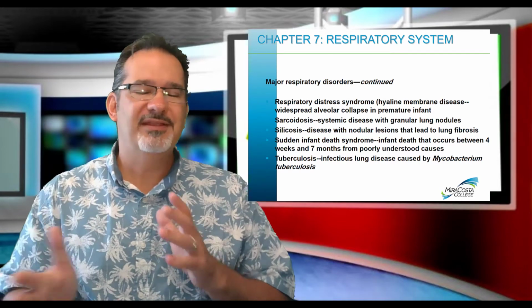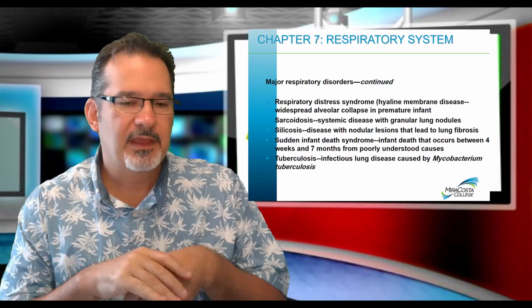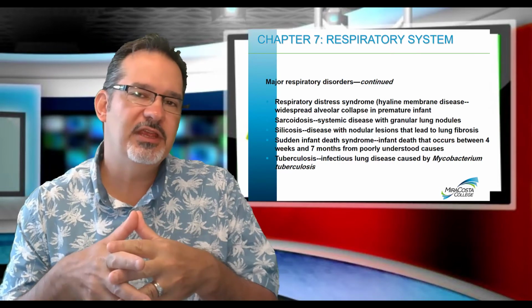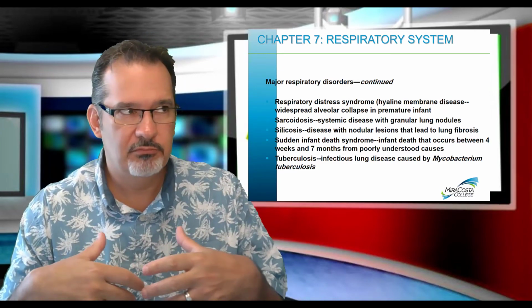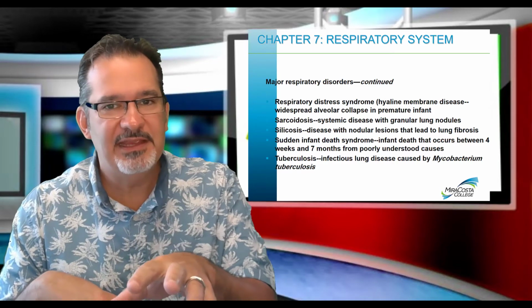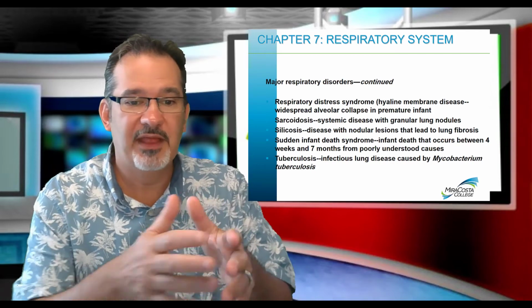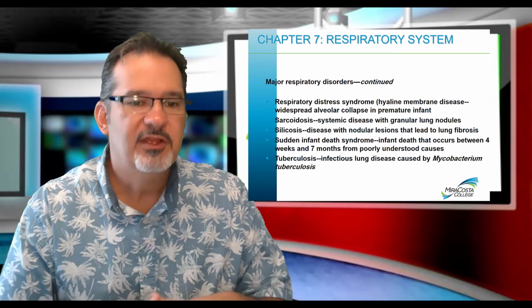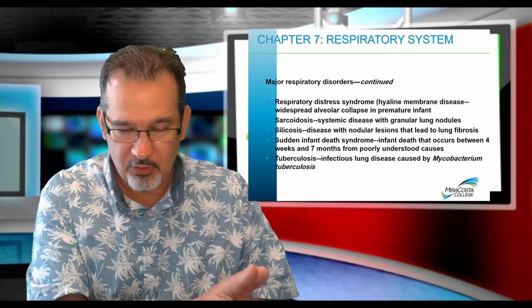Now, I said I was going to break down a few of these words. Sarcoidosis. Sarc, S-A-R-C, means tissue. Oid, O-I-D, means resembling. And osis is condition of. So this would be resembling tissue, sarcoidosis.